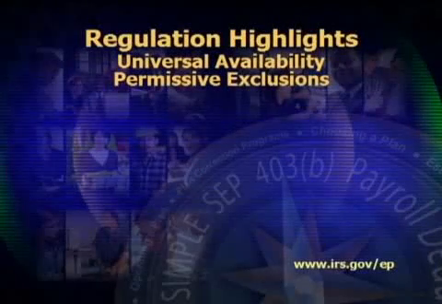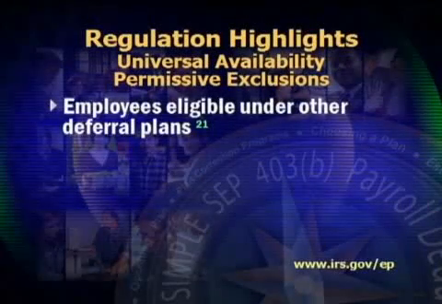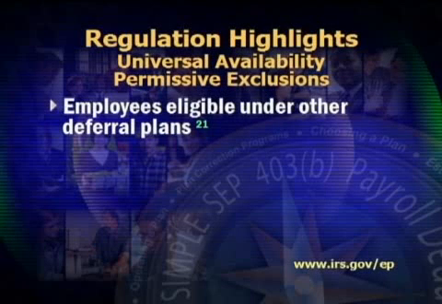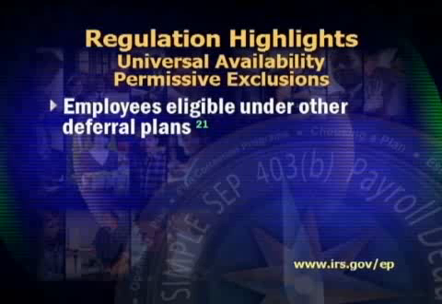But assuming that a group of individuals are common law employees, who can be permissively excluded so that the organization does not run afoul of the universal availability non-discrimination for elective deferral requirements? Well, one of those groups are employees eligible under other deferral plans. For example, where a 401k exists that pertains to salary reduction, where a 457B governmental eligible plan exists that also provides for salary deferrals.